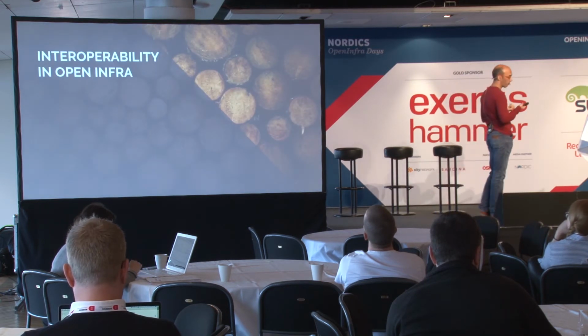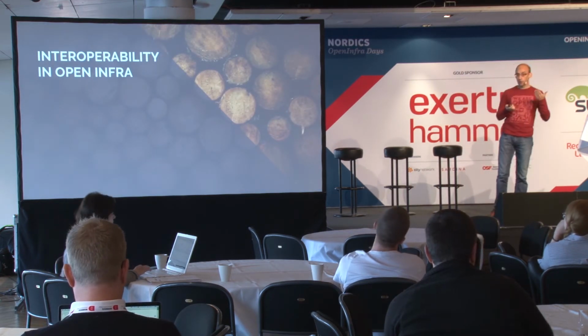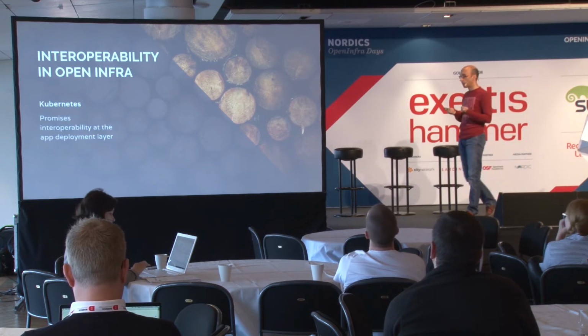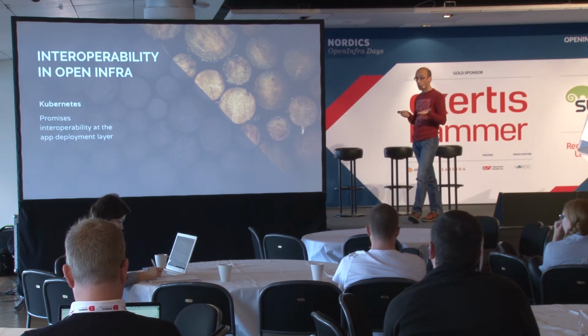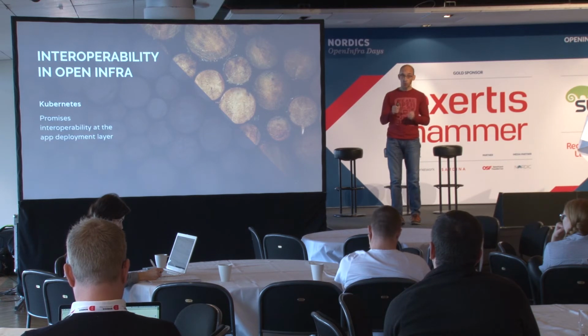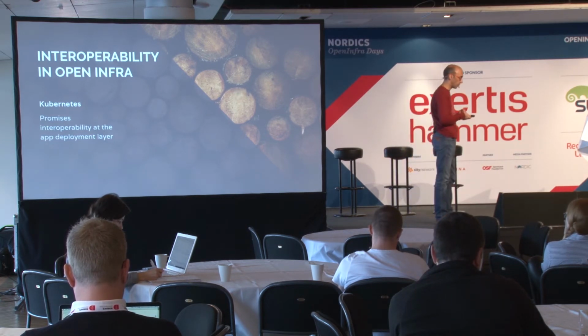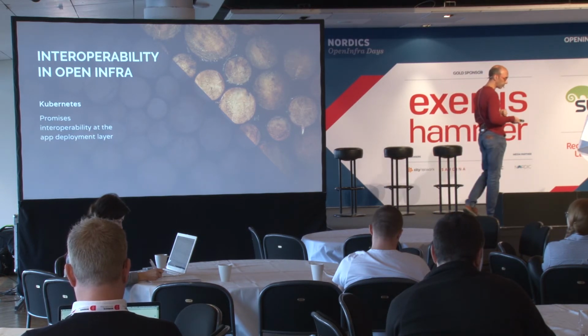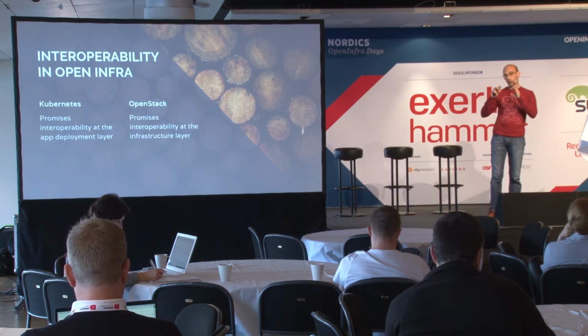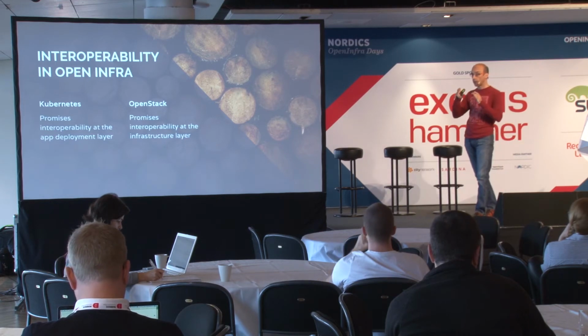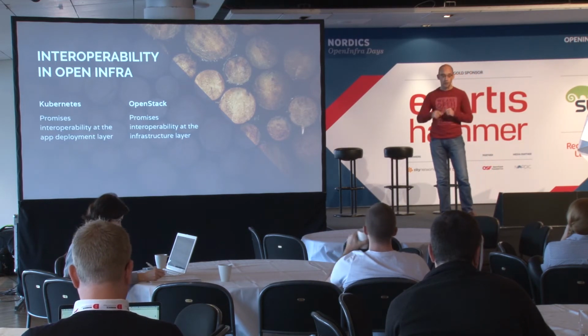Examples of this interoperability in open infrastructure include Kubernetes, obviously, promising interoperability at the application deployment level for all the cloud infrastructure that provides it as a solution. And OpenStack, which promises interoperability at the infrastructure as a service layer.